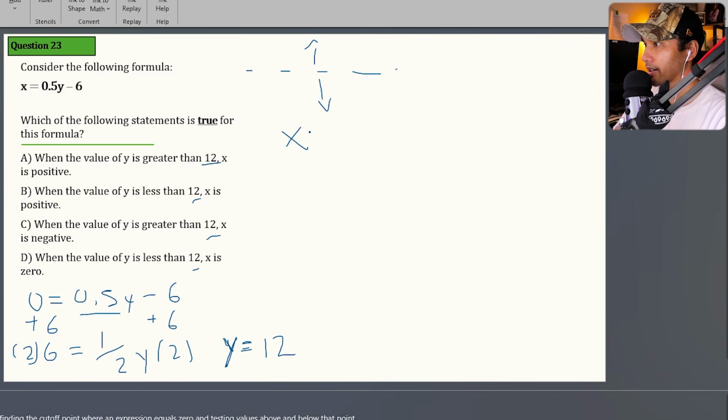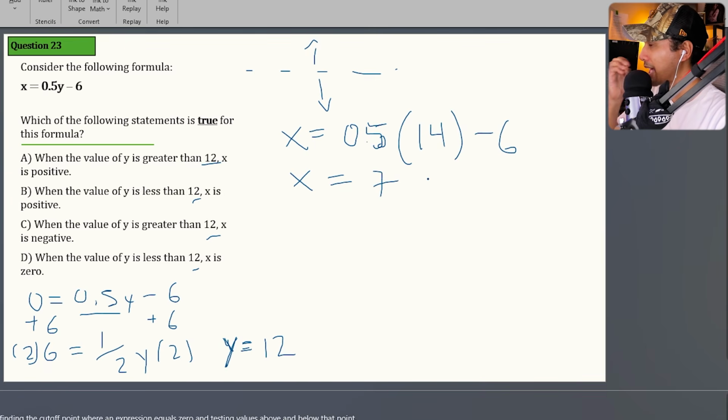So we have x equals 0.5 times 14, which is above the cutoff, minus 6. So x equals 7 because 14 times 0.5 is 14 divided by 2, which is 7, minus 6.